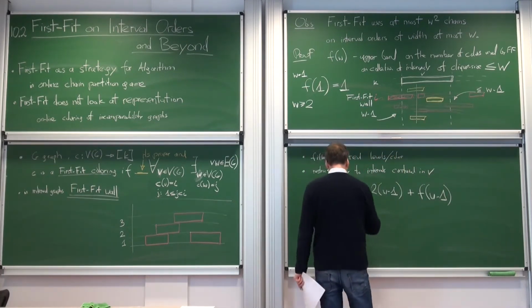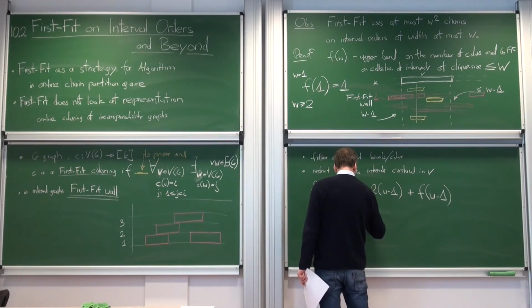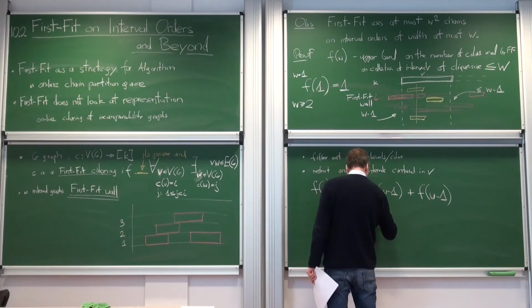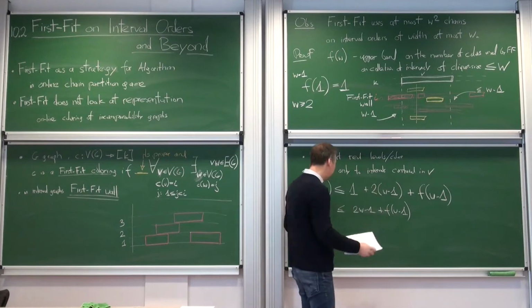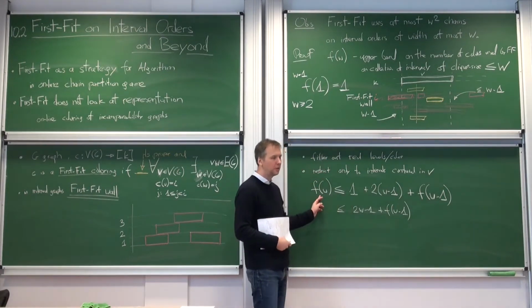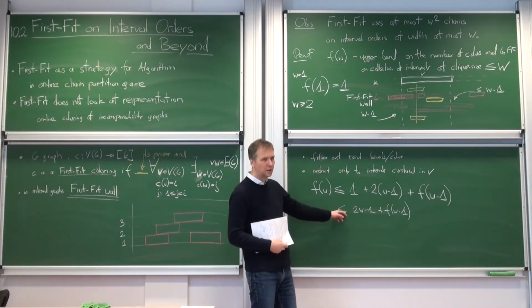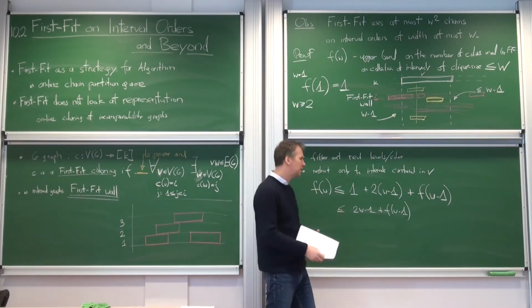Yes? So we see that this is 2w minus 1 plus f of w minus 1. So f of w is just the sum of the first w roughly odd numbers. This is exactly.